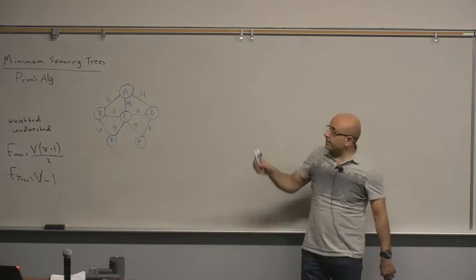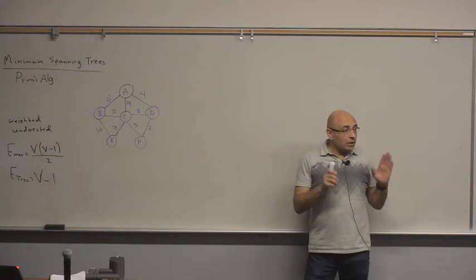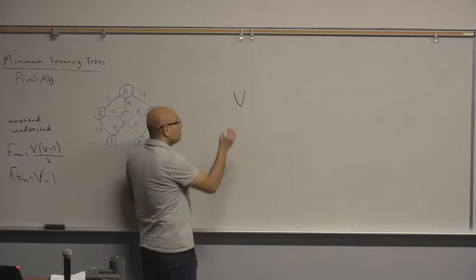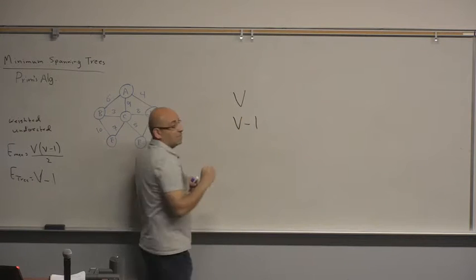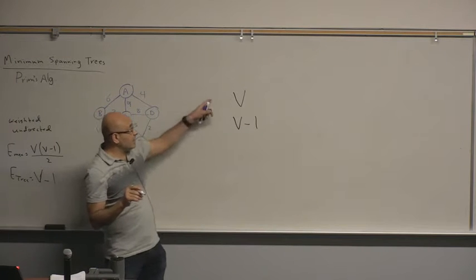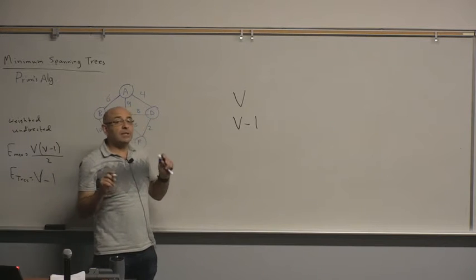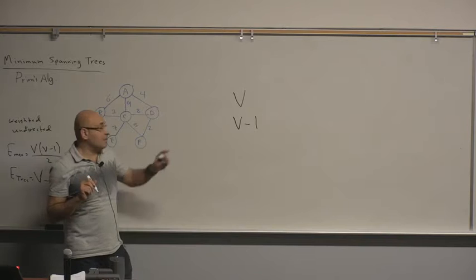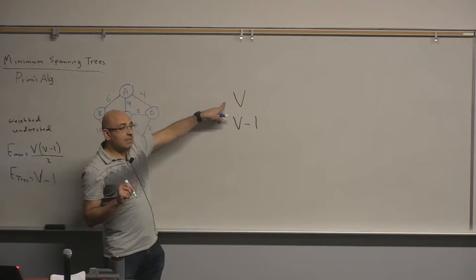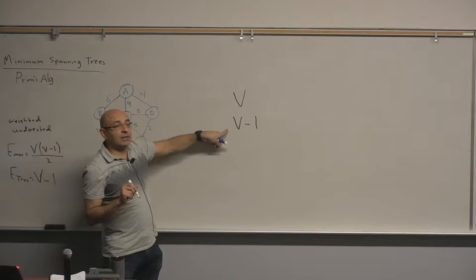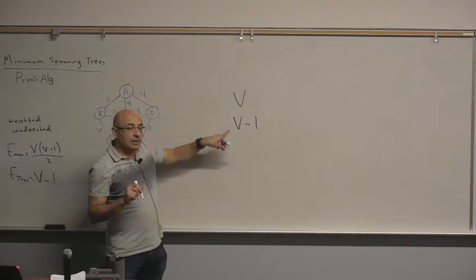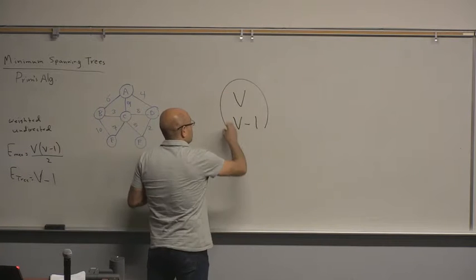In order to connect v vertices, we need at least v minus 1 edges. Because remember, a tree connects vertices using the minimum number of edges, which is v minus 1. It's impossible to connect v vertices with less than v minus 1 edges. That's the minimum that you need. Okay, so that is in terms of the number of edges.